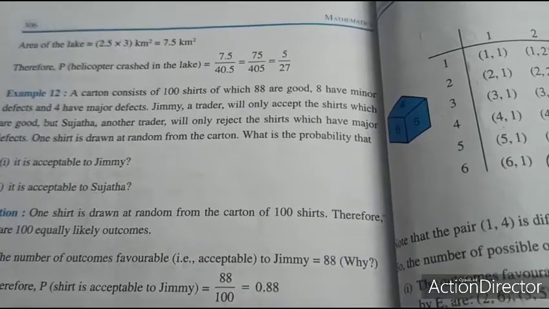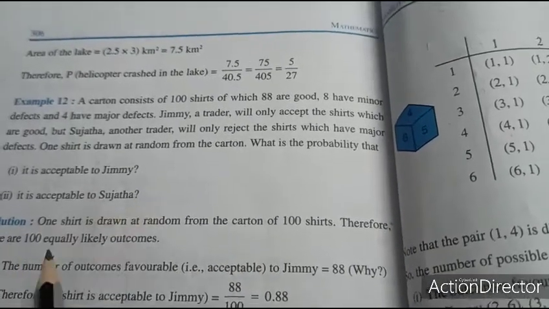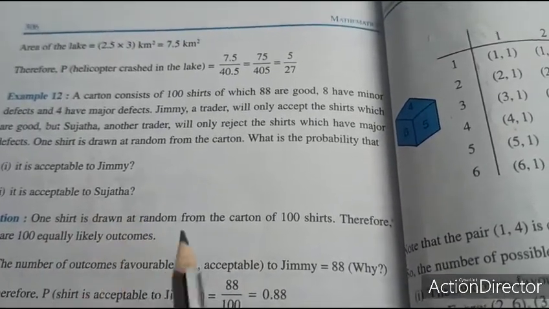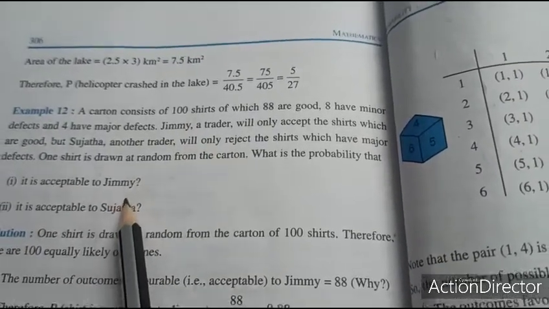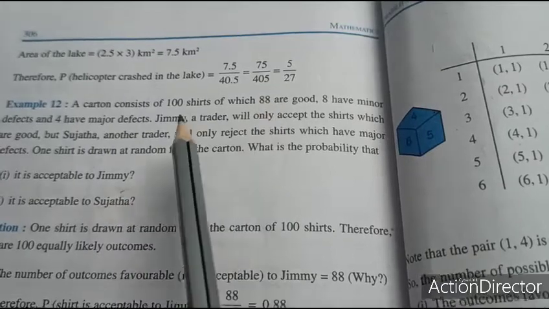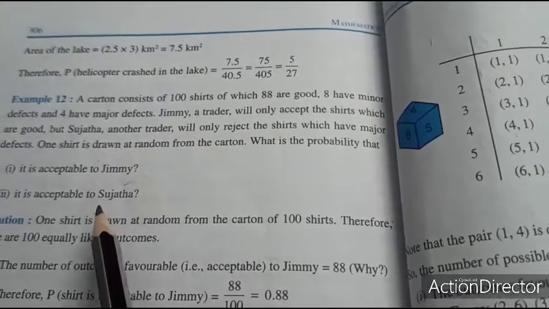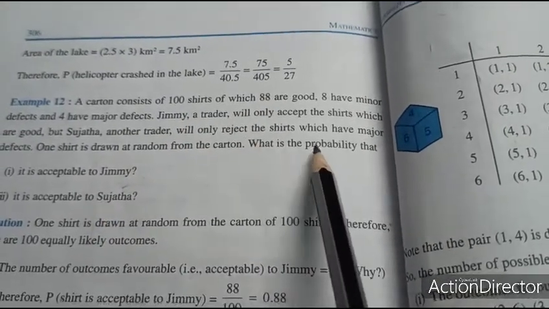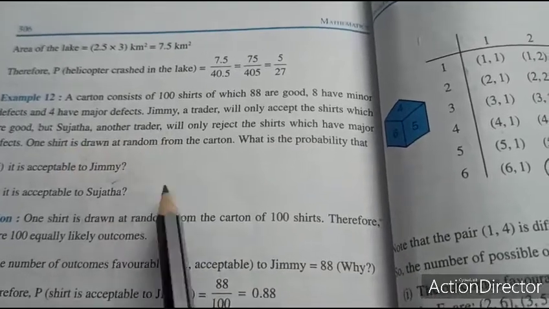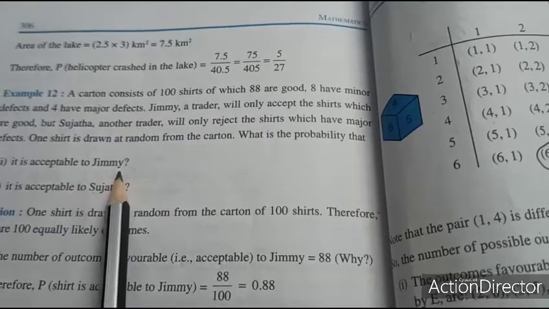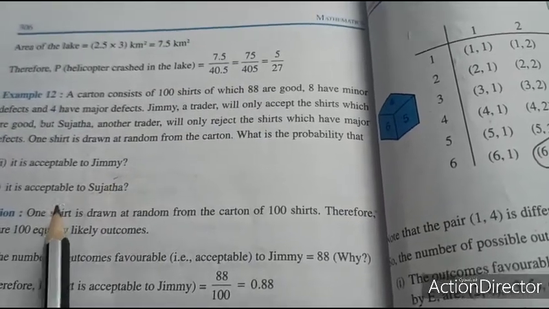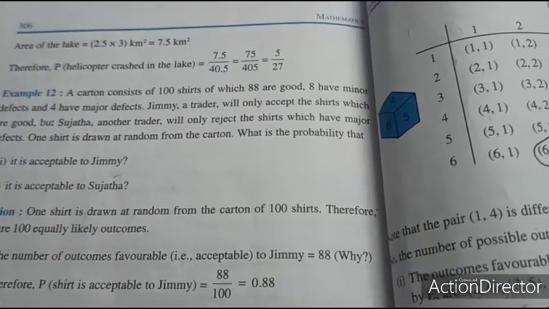What is the probability that it is acceptable to Jimmy, and acceptable to Sujata? There are two traders here. Jimmy only accepts a good shirt. Sujata rejects only shirts with major defects. Therefore, find the probability for the first question, acceptable to Jimmy, and next, acceptable to Sujata.